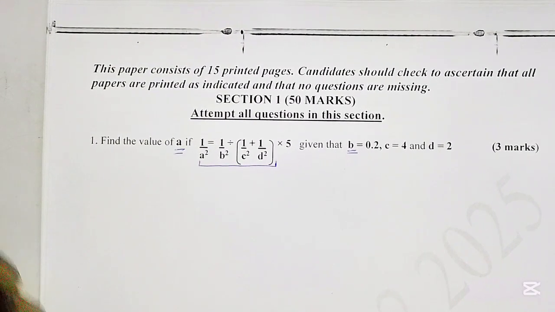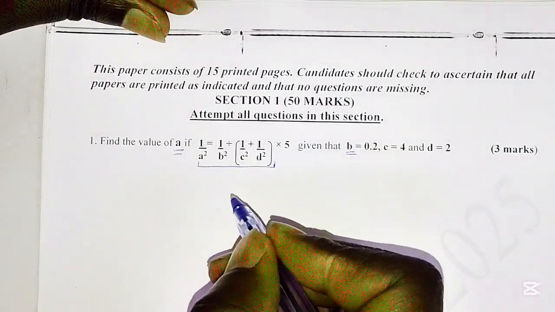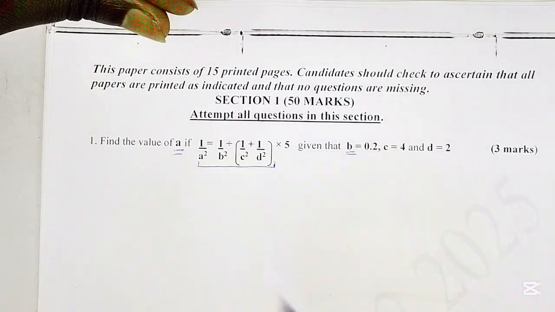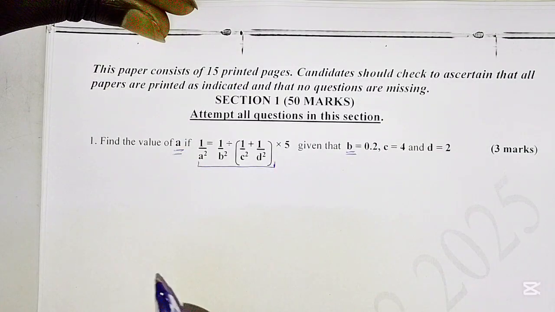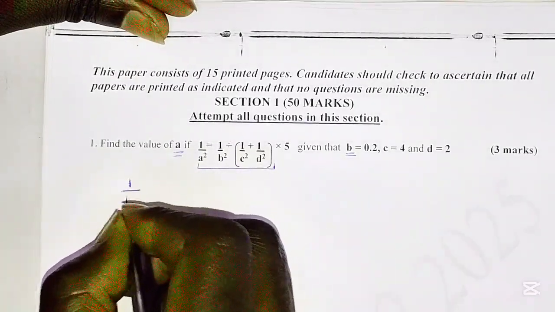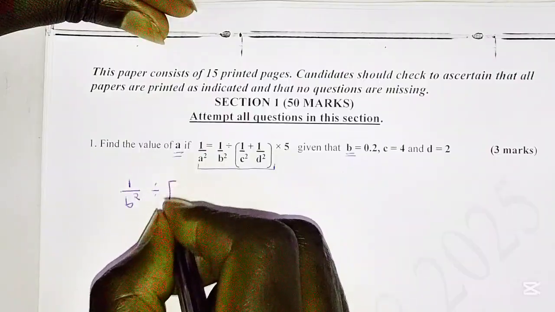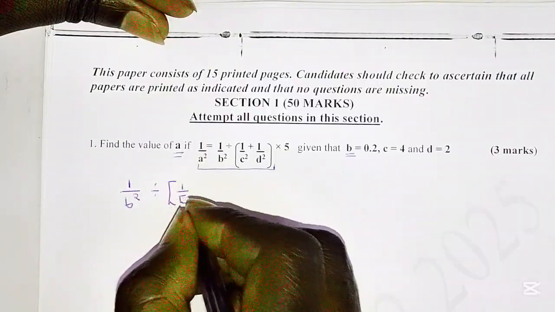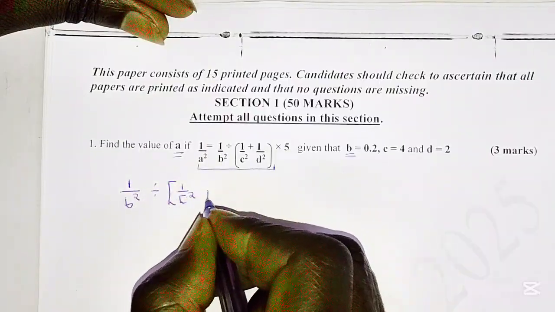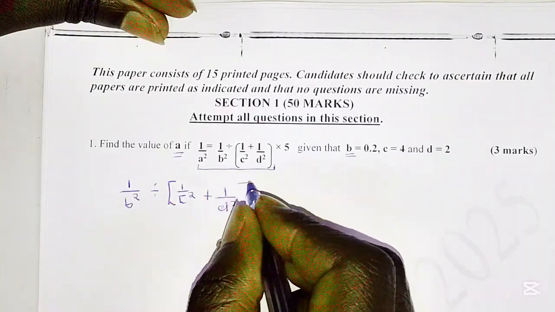For this question, I'll advise the learner to start by tackling the right hand side of the equation. It means that we are going to tackle 1 over b squared, divided by 1 over c squared, then plus 1 over d squared.